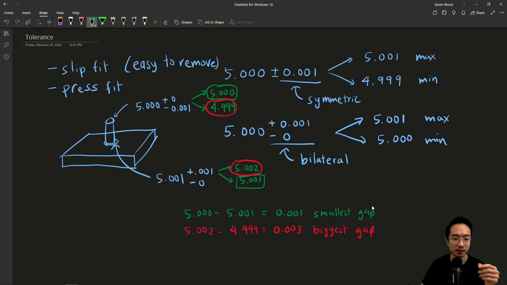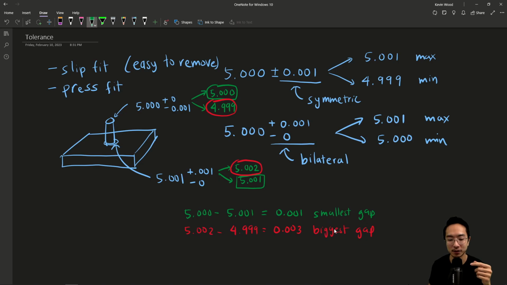Okay, so there are going to be different standards out there. You're going to see numbers like H7, or different ways of tolerancing the shaft and the hole. Those get really detailed into tolerancing. Here, I'm just gonna go over some basic rules. You can look into the details of that later on.